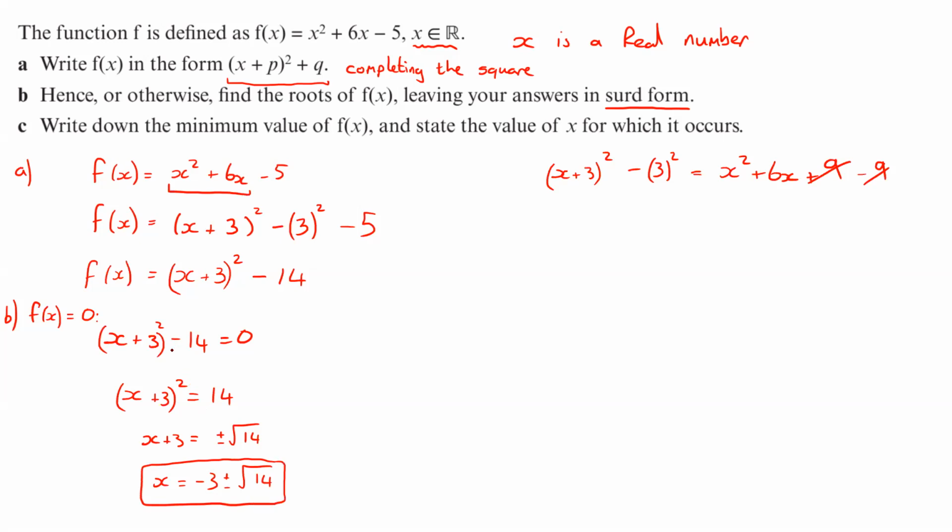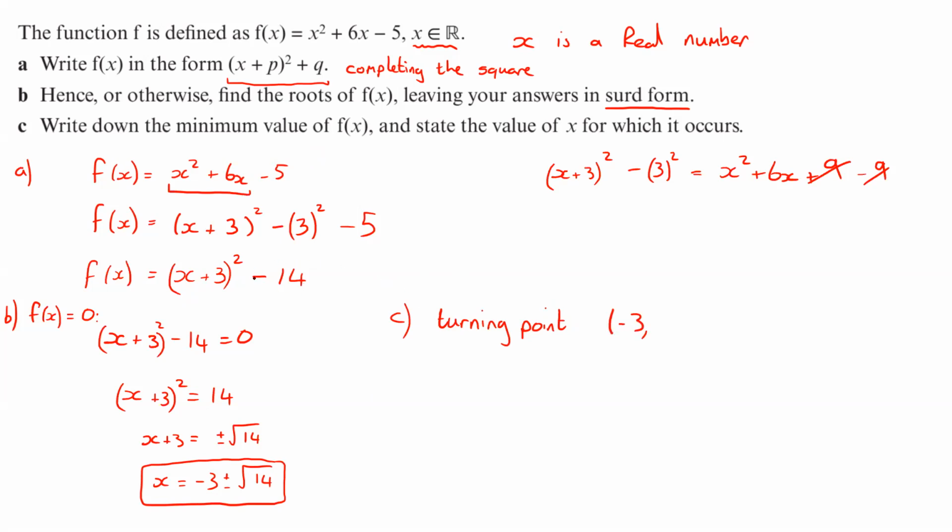So there's the roots. Now it's saying write down the minimum value of f of x and state the value of x for which it actually occurs. So it's not asking us for the turning point itself, it's asking for the minimum value and where it occurs. Now you can get this turning point from the completed the square form. So remember, whatever makes this bracket 0, that's the x value. So that's minus 3.